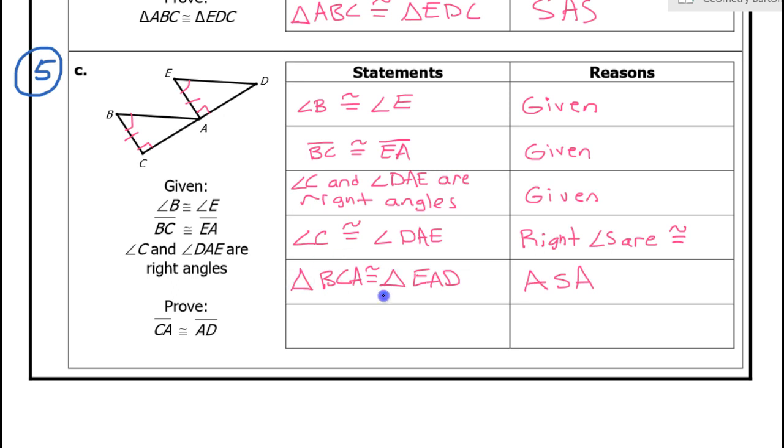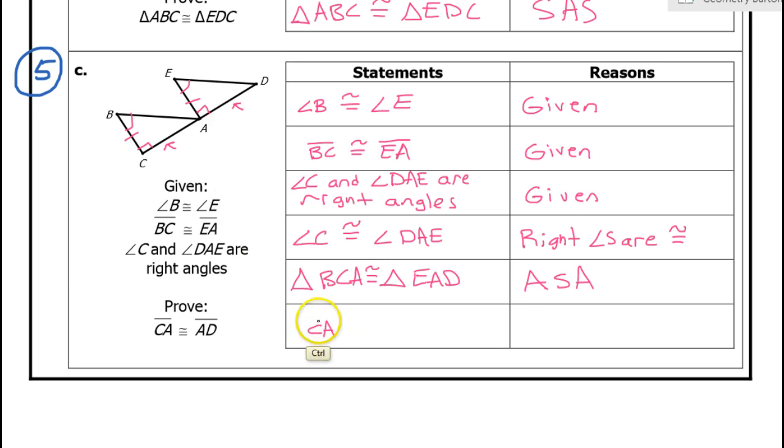Now that the triangles are congruent, we can say that any remaining corresponding parts will be congruent. So now we can conclude that CA and AD are also congruent.